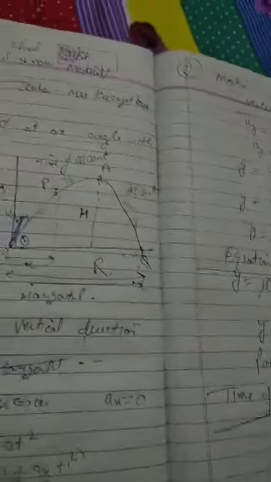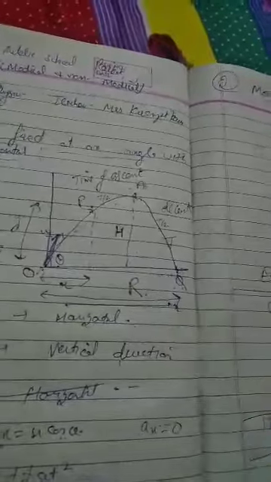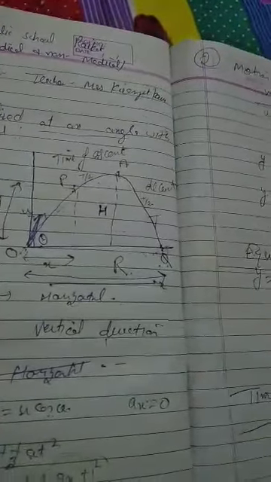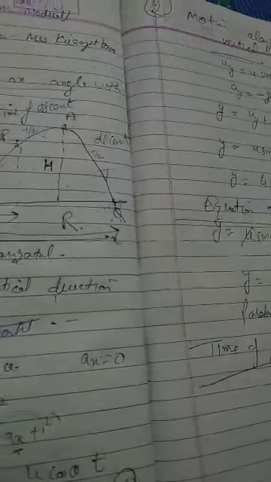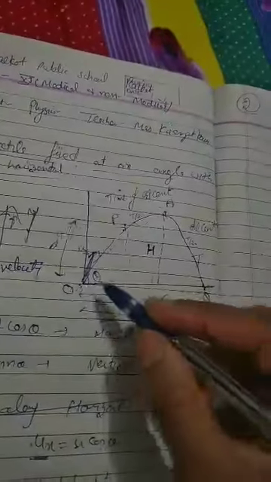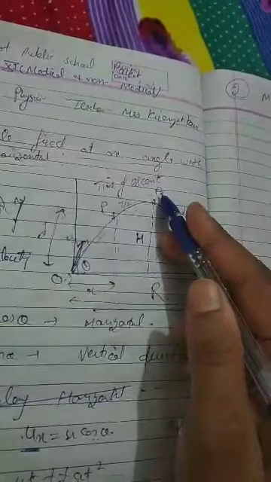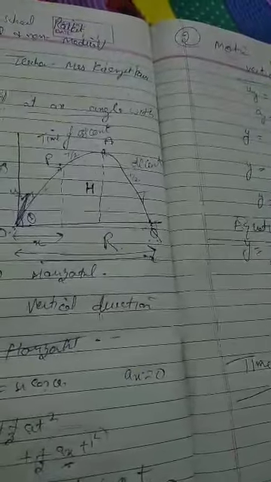So we can say that the final velocity, we know that at point Q it is 0, so v will be 0, uy will be u sin theta, already we know that, ay will be minus g, already we know that acceleration due to gravity, and t, in which time it remained in motion, we can say that is t by 2.